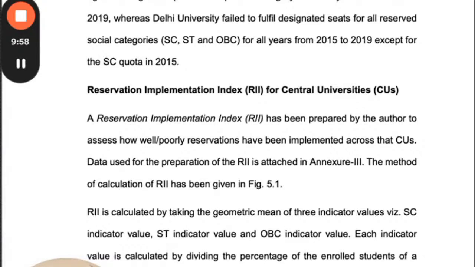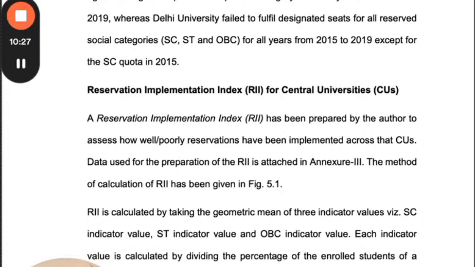Now, if the achieved value is 5%, what will be the RII? 5 by 15, so that will be 0.3, which is very, very small. Now, the optimum policy is 15 by 15, that is 1. So if the representation achieved is more than that, say there are 20% SCs, what does that mean? 20 by 15, 1.33. So for every category we can get a reservation implementation index.